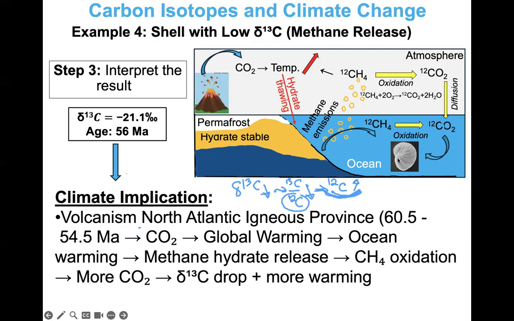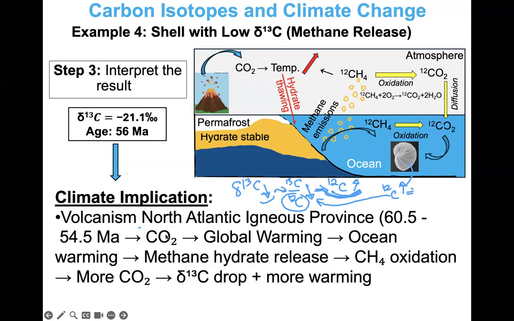And because you have a loss of C12 here in the shell, where does C12 come from? It comes from CH4, which could turn into CO2, and this C12-rich water will be incorporated into the shell. So you have a loss of C13 here, which means if you go backward, the ratio is lower, means delta C is lower. That's how it works.